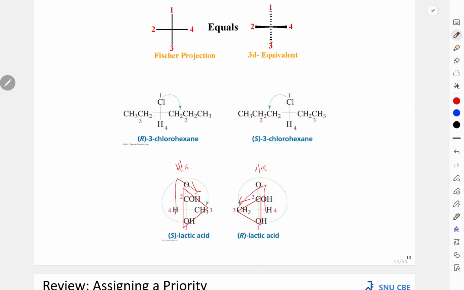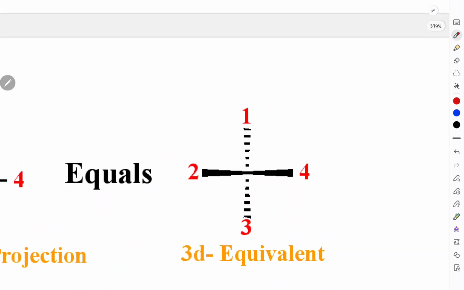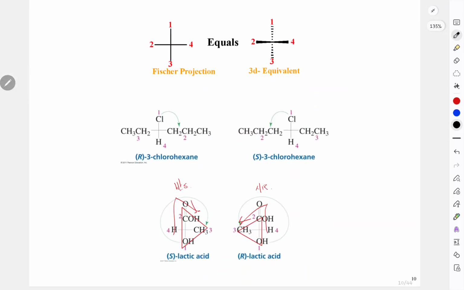Then you know that the lowest priority group, hydrogen in this case, is existing at the back. So with that you can just decide the directionality of this triangle. So chloro, propyl, and ethyl, clockwise. That's why this is R. And you can do the same thing for the enantiomer. This is the lowest priority group, hydrogen, existing at the back.